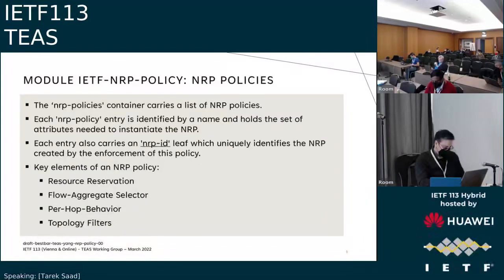The per hop behavior, which is the data plane policies, QoS policies that are associated with the NRP. And then finally, there are filters that can be invoked so that we can compose the topology that's associated with the network resource partition.